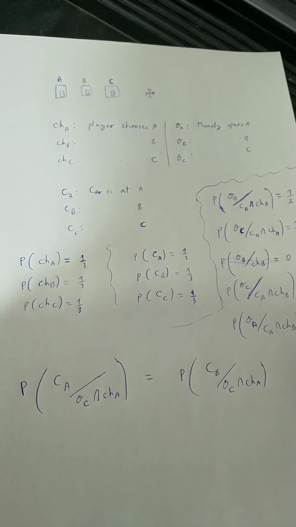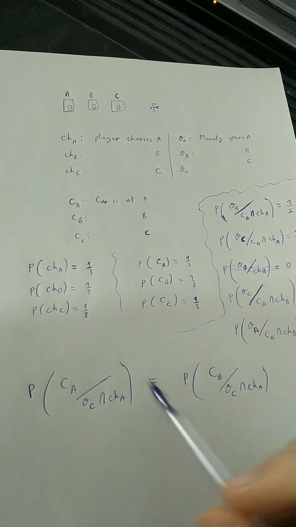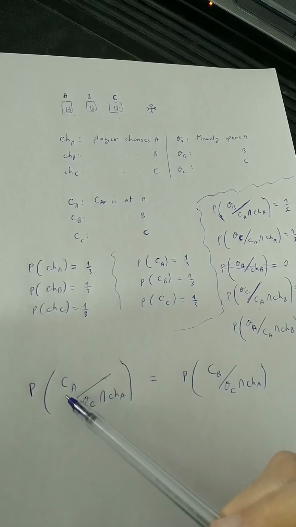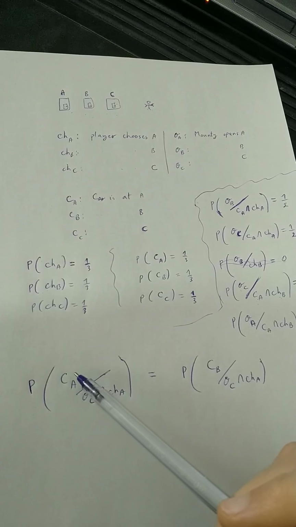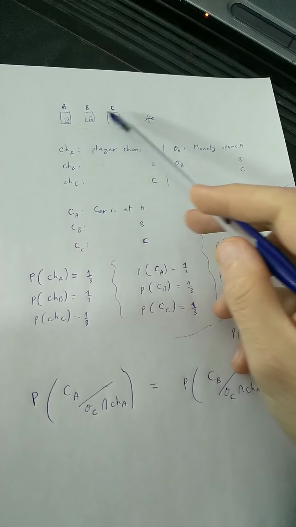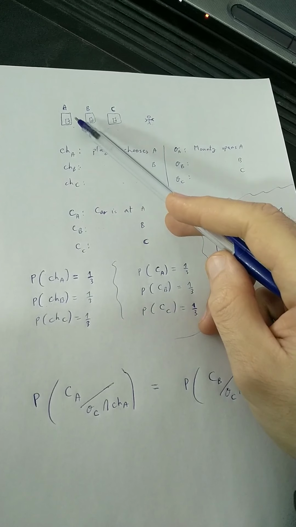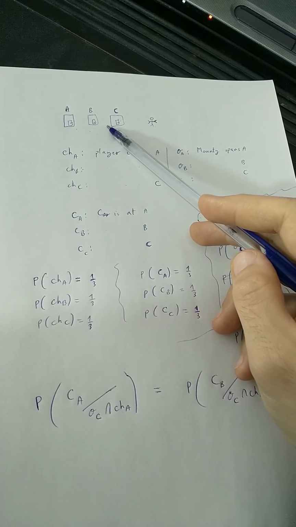Intuitively and wrongly, we think that they are equal, but they're not. You've chosen A, Monty opens C.